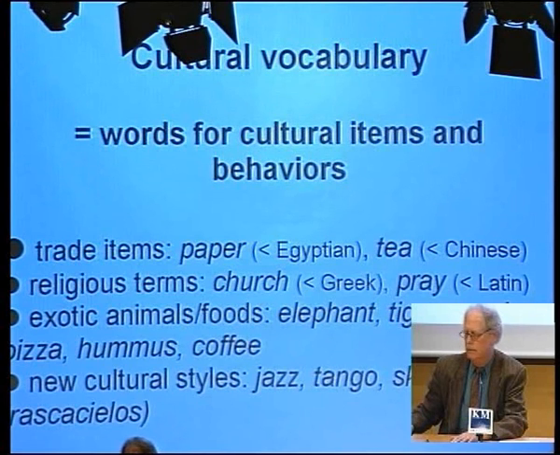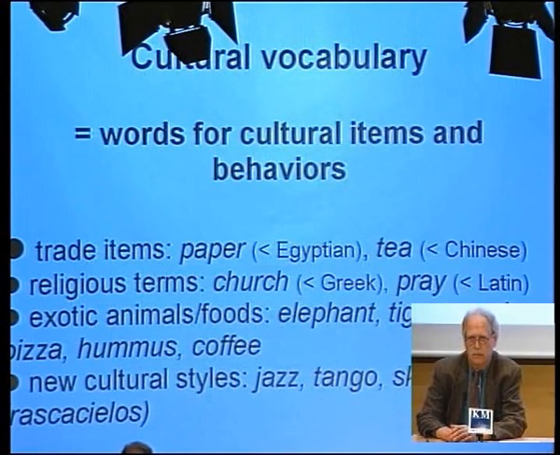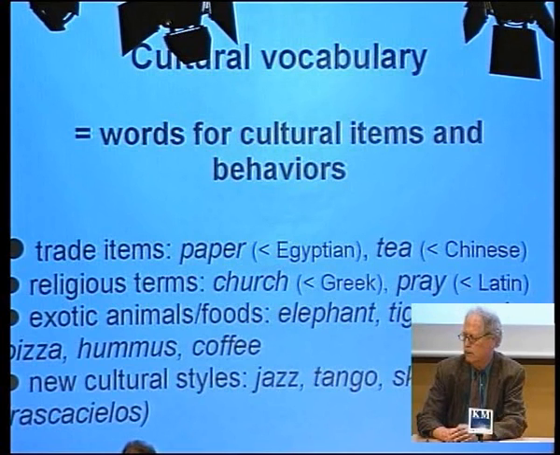Another category is exotic animals or foods, animals that do not live in every country, so we borrow the name. Elephant or tiger or monkey are borrowed words in all European languages. And similarly with foods and drinks that come from other countries, we borrow the word: pizza, hummus, coffee.